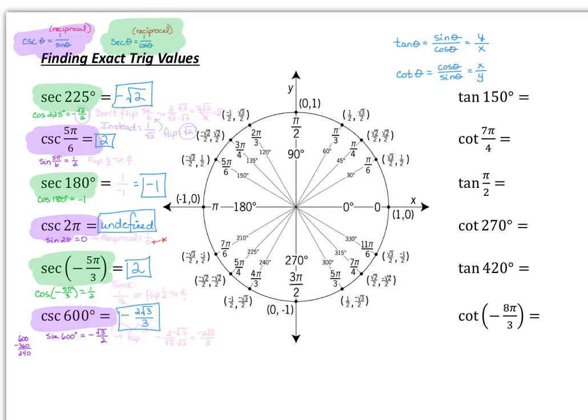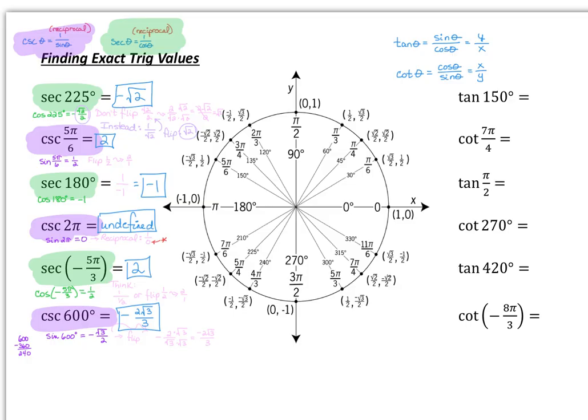And so what I'm going to do to compute all of these tangents and cotangents is look at my x and y values of the points. So let's start with making sure that we can find all these angles, and I'm going to fill those in.